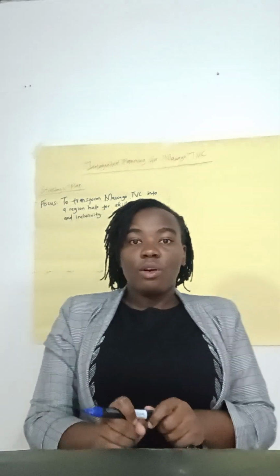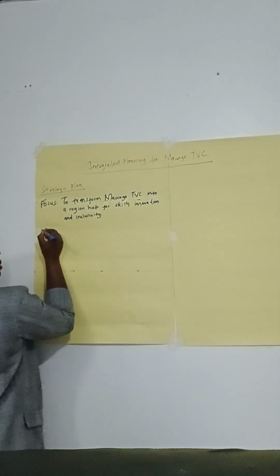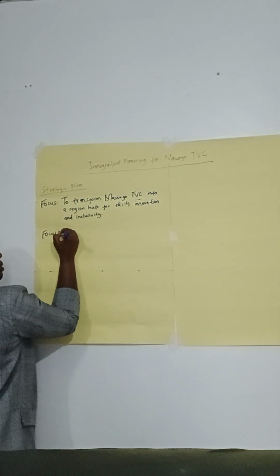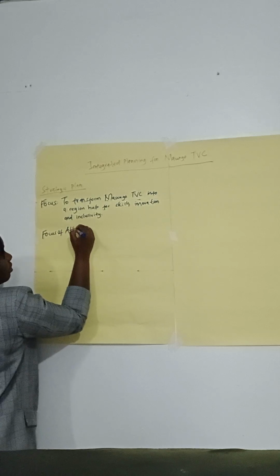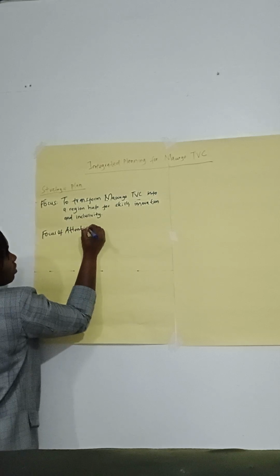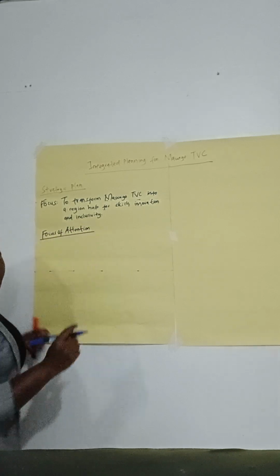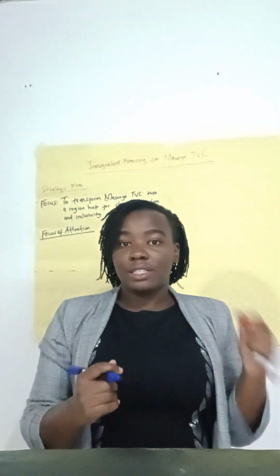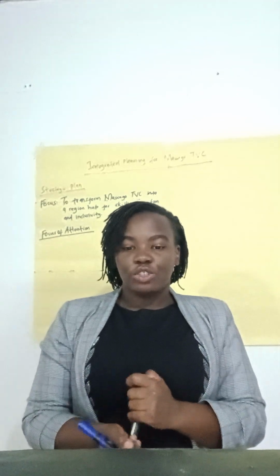We have components that you're going to look at. The first component is focus of attention. The focus of attention here is to transform Mawego School into a regional hub for skills, innovation, and inclusivity.